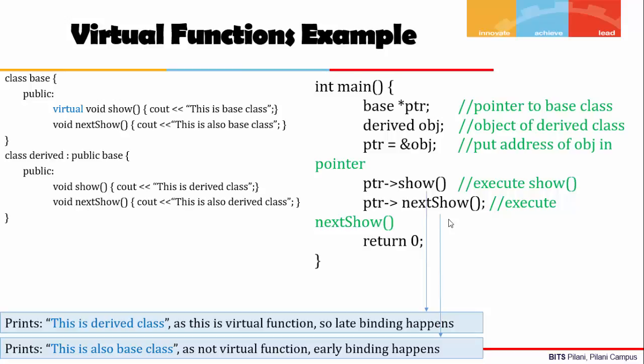It's a common practice to declare the method as virtual in the base class, which might be redefined in a derived class. So completely different functions are executed by the same function call. The same function call executes different functions, one time derived, one time base, based on the keyword. This is called polymorphism, which means different forms.